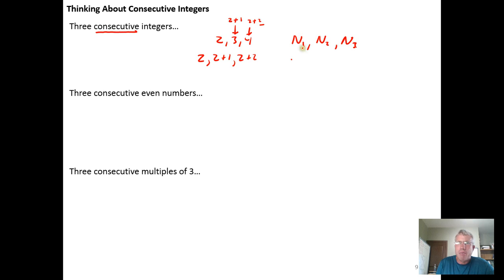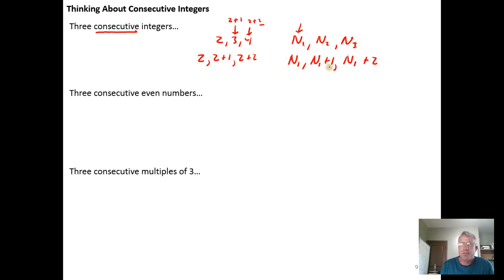So I can represent three consecutive integers using just the smallest integer: take the smallest integer, then the smallest integer plus 1, then the smallest integer n sub 1 plus 2. So I can represent it as n sub 1, n sub 1 plus 1, n sub 1 plus 2.